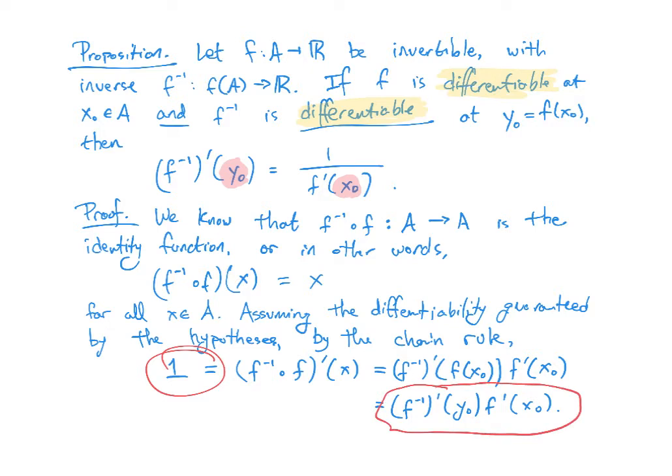And there you go, you got an equation. Just solve it for f inverse prime of y naught, and you'll see that it's 1 over f prime of x naught. Okay, that's the proof.